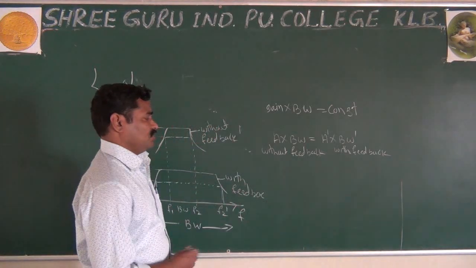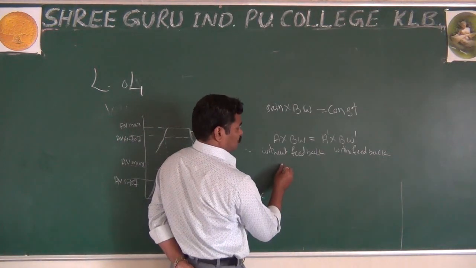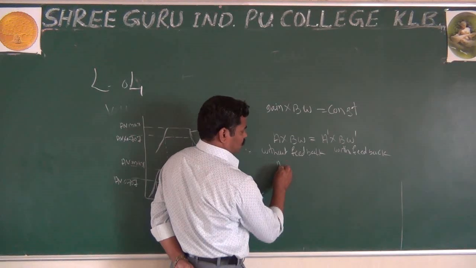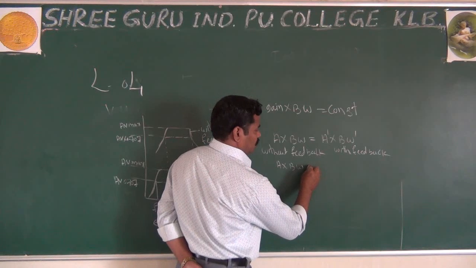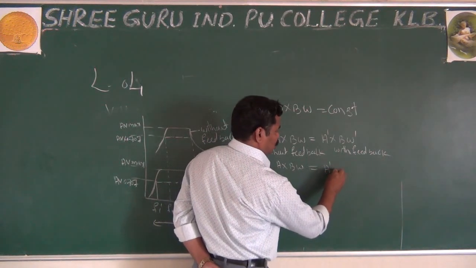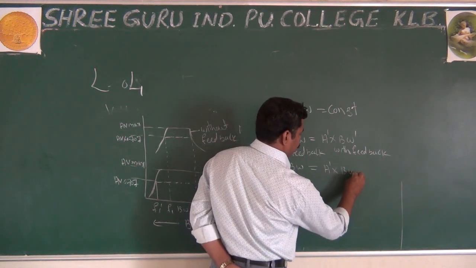This also can be shown with a small derivation. A times bandwidth without feedback is equal to A dash times bandwidth with feedback.